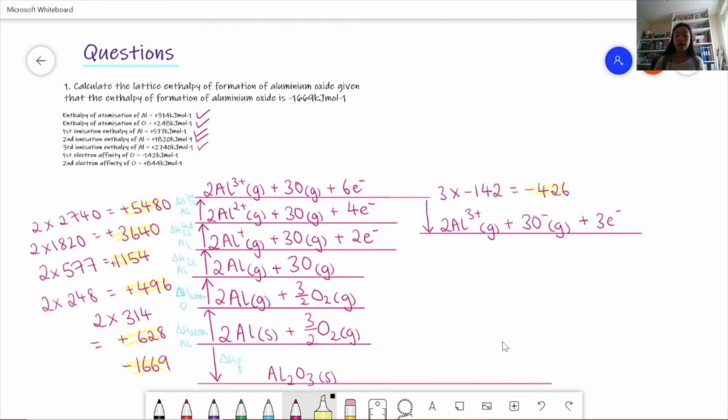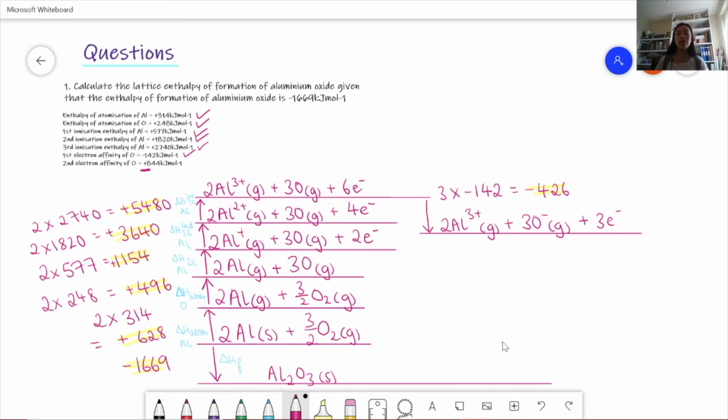And then we look at the second electron affinity of oxygen. And it's really important to note that this is actually endothermic. And the reason being is because the first electron affinity is when we add an electron to an atom. But the second electron affinity is when we add an electron to an already negative ion, a -1 ion.